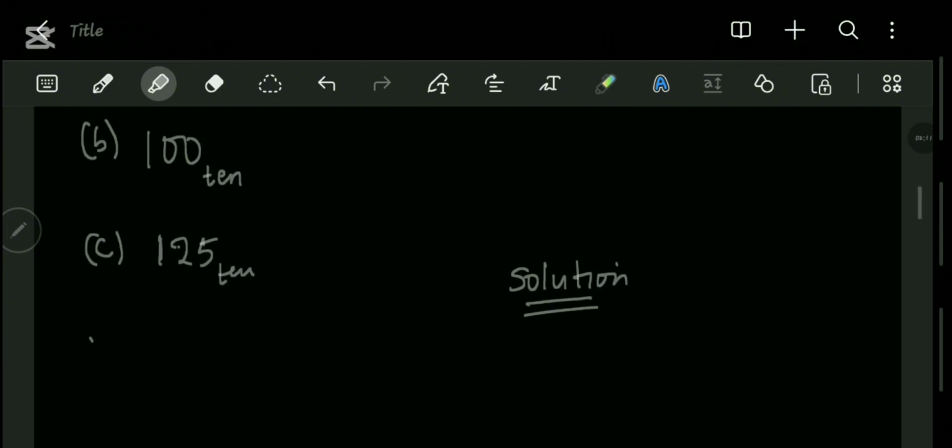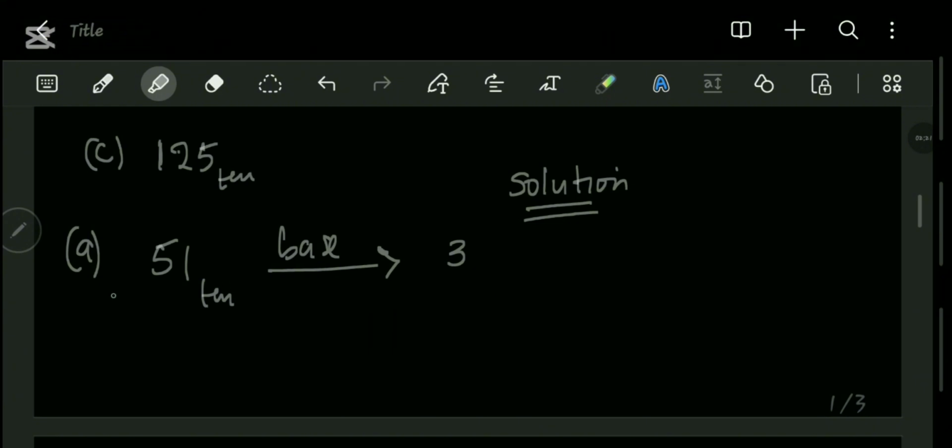So let's have the first question. We have to convert 51 in base 10 to a number in base 3. Since this number is in base 10, I'm going to divide it by 3, and definitely there are going to be remainders, so I'm going to keep each of my remainders. So I'm having 3 and 51.